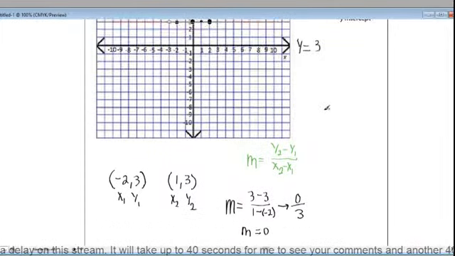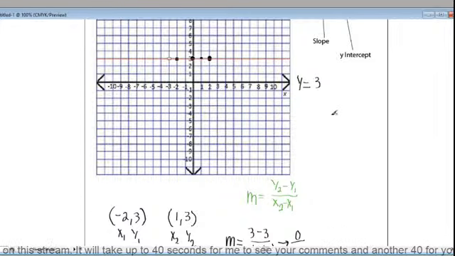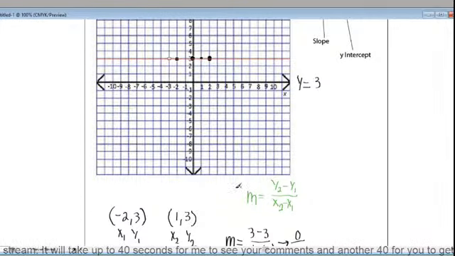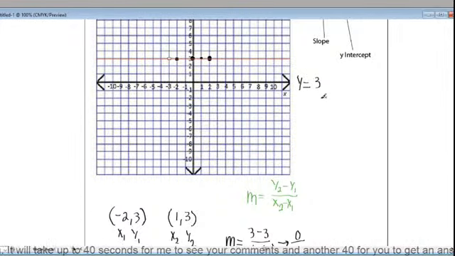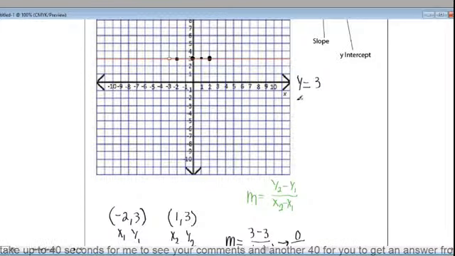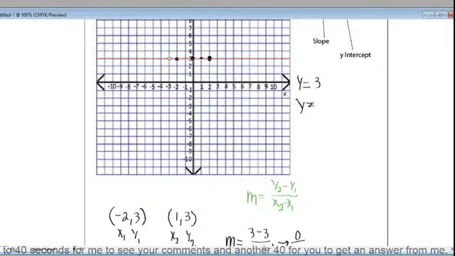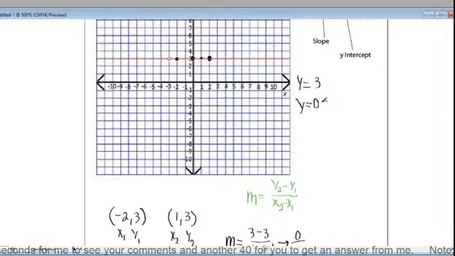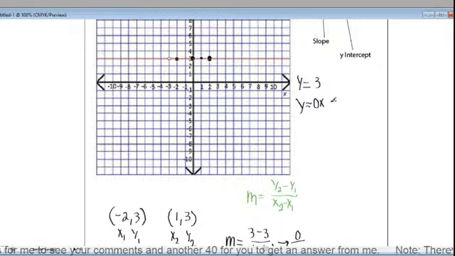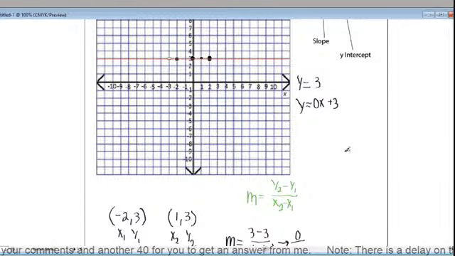Okay, so we can actually modify this a little bit then and say that since our slope is 0, this is really y equals 0x plus 3.